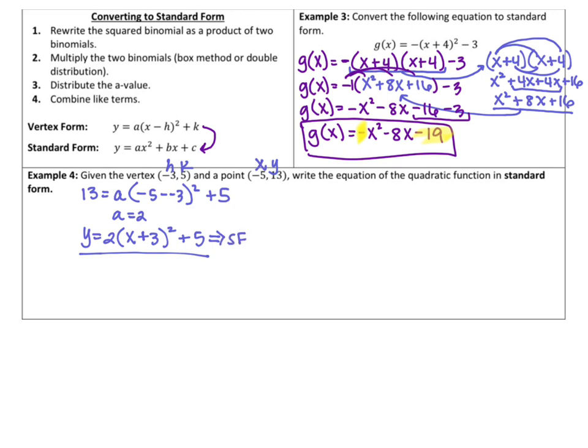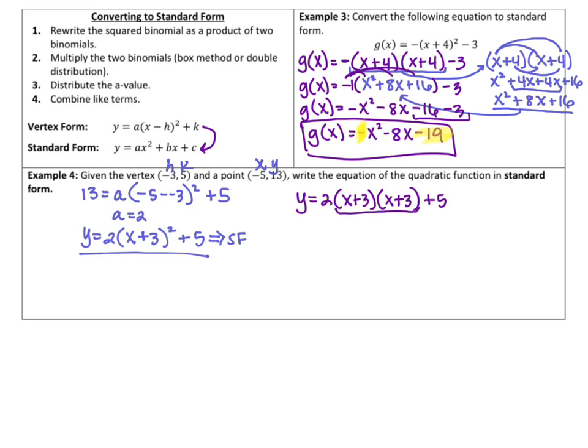And I'm going to do that over here in purple. So I'm going to take y equals 2 parentheses x plus 3. And I'm going to do it again times x plus 3. And then plus 5.